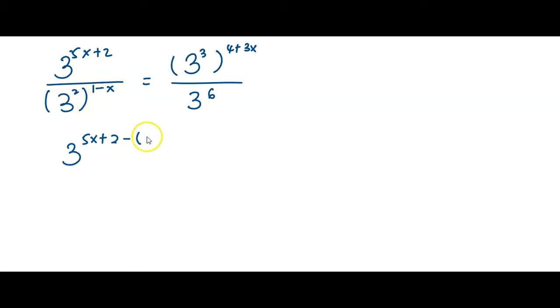So I'm going to take the minus 2 minus 2x. And then the right-hand side will be 3 power of 12 — 3 multiplied by 4 is 12 — plus 3 multiplied by 3x will be 9x, and minus 6. I'm actually applying the rules of indices.